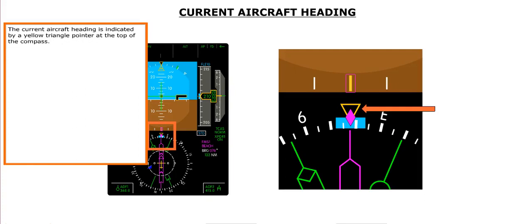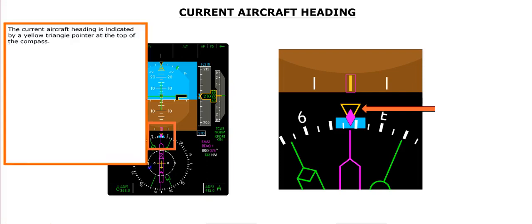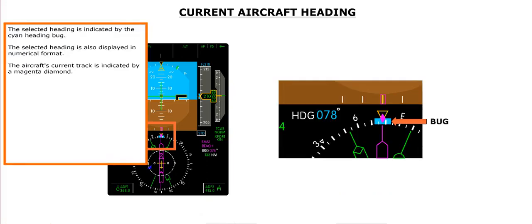The current aircraft heading is indicated by a yellow triangle pointer at the top of the compass. The selected heading is indicated by the cyan heading bug. The selected heading is also displayed in numerical format. The aircraft's current track is indicated by a magenta diamond.